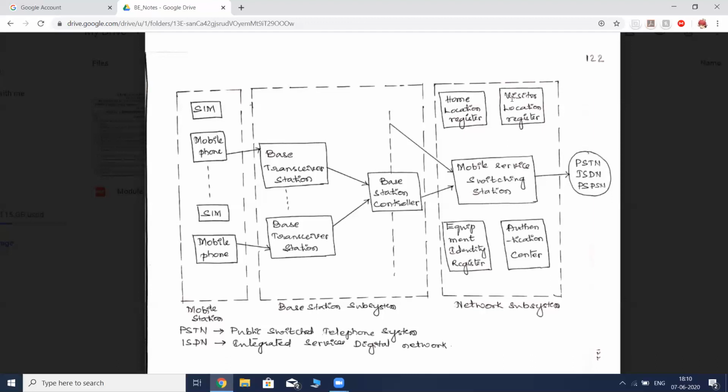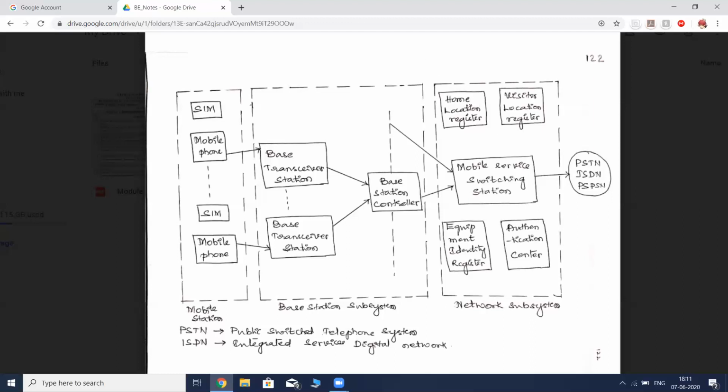For example, if you move from Bangalore to Mysore, you will be a visitor there, so that becomes your visitor location, and your mobile credentials are registered in the visitor location register. Once you move out of that area, those entries will be erased. But the home location register is permanent, and your information resides there.